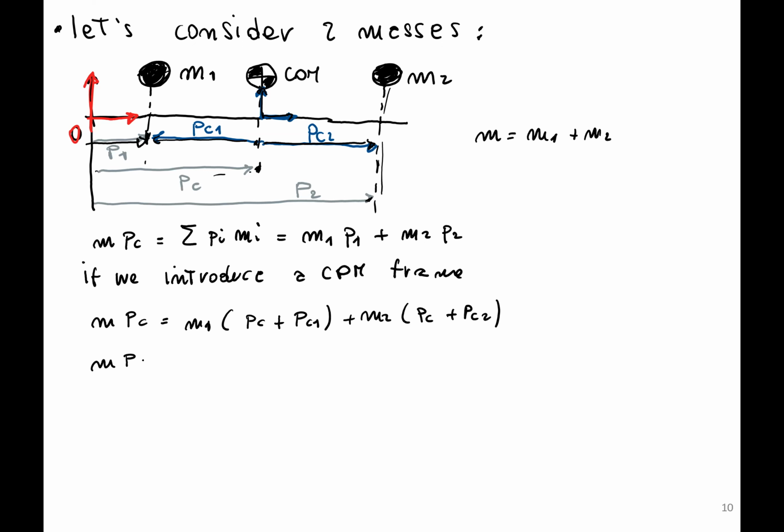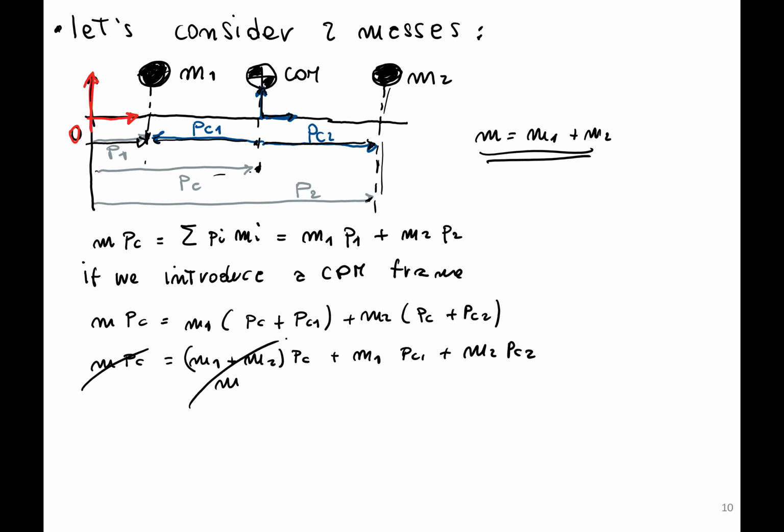Then I can collect pc in both cases and remain with m1 pc1 plus m2 pc2. We know that m1 plus m2 equals m, so this is m, and these two can be simplified. Therefore, m1 pc1 plus m2 pc2 is equal to 0.